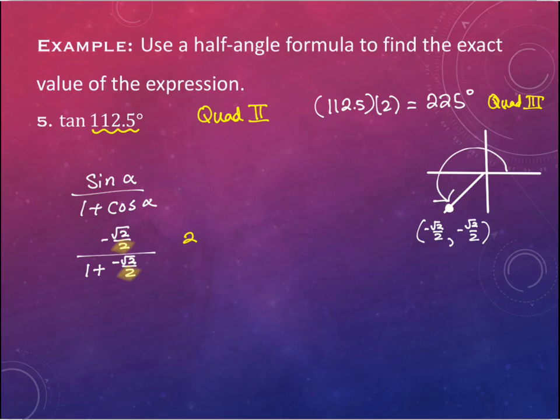Now, it might be more helpful for you to actually write down that we're going to multiply each piece of this by 2, because that's what will happen when you distribute the 2 on bottom. So on top, I end up with negative square root 2. On bottom, I end up with a 2 at the beginning and a minus square root 2 at the end.